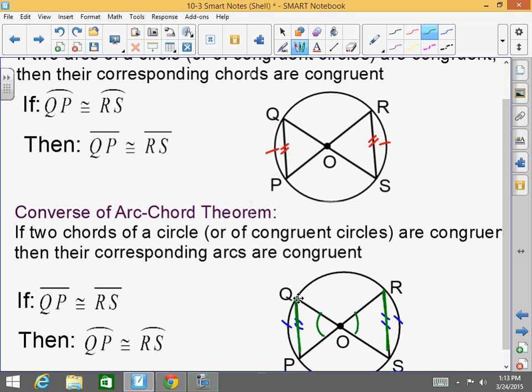Yes. But then doesn't that activate the central angle theorem, where if angle QOP is congruent to ROS, then isn't arc QP going to have the same measure as arc RS, making those two arcs congruent as well? Yes, the answer is yes to all of that. They all piece together here. All of them piece together.